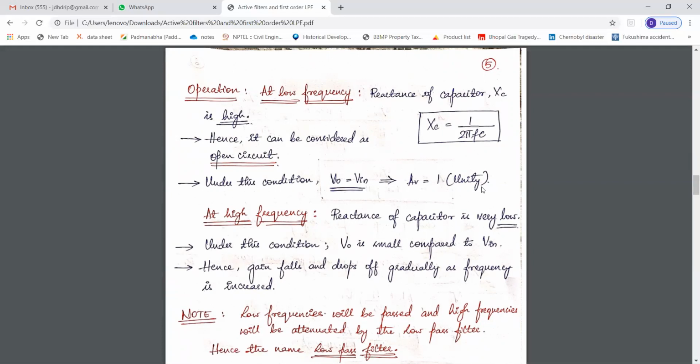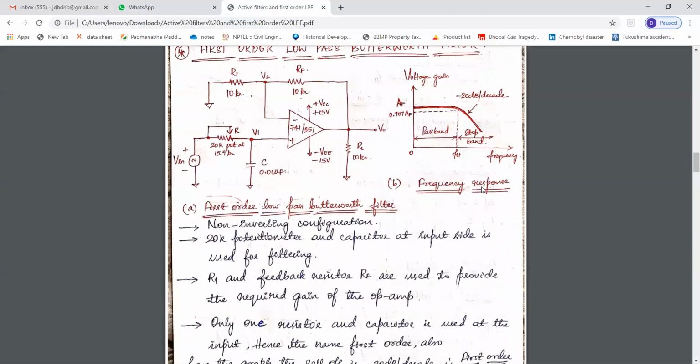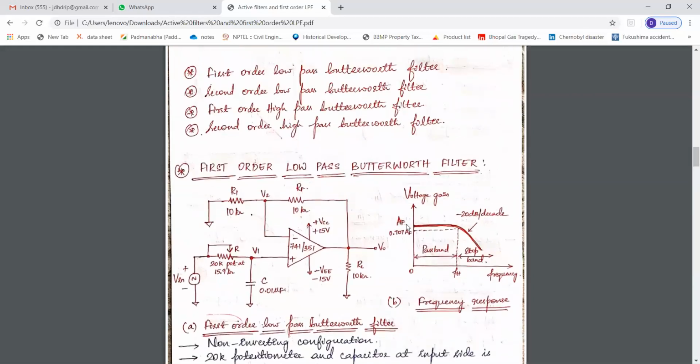That is nothing but unity. So the gain AF is equal to 1, and since output voltage is equal to input voltage, it is passing all the lower frequencies, and this is indicated by the pass band.